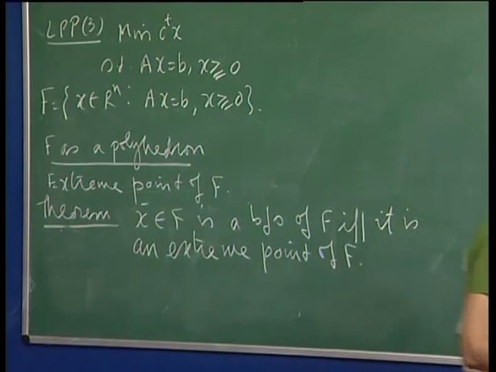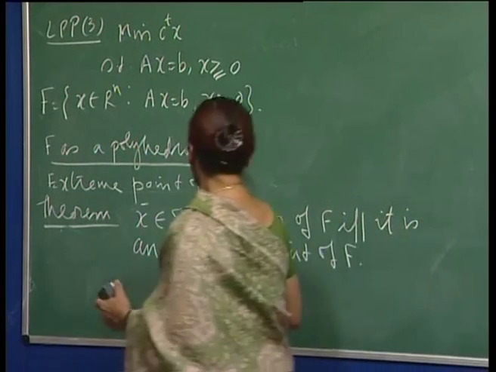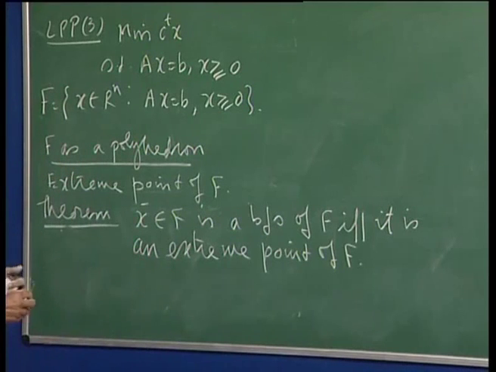What I said earlier is also correct, but then we would have to be more technical. So, I want to just give you the basic result here. That is, x bar is a basic feasible solution of F if and only if it is an extreme point of F.